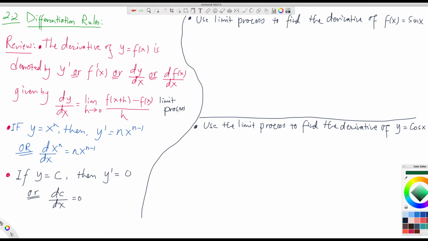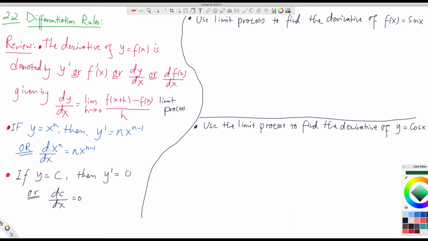Also last time, if y equals x to the n, just x with some exponent, with no number before x and nothing below x in the denominator, then the derivative is y prime equals that exponent goes to the front, n, and then x to the power one less than that exponent, that is n x to the n minus 1.